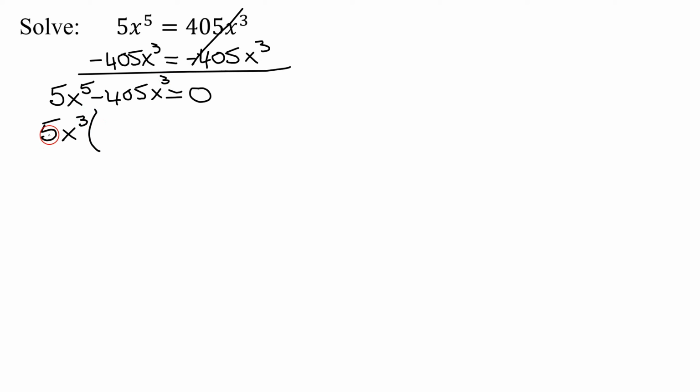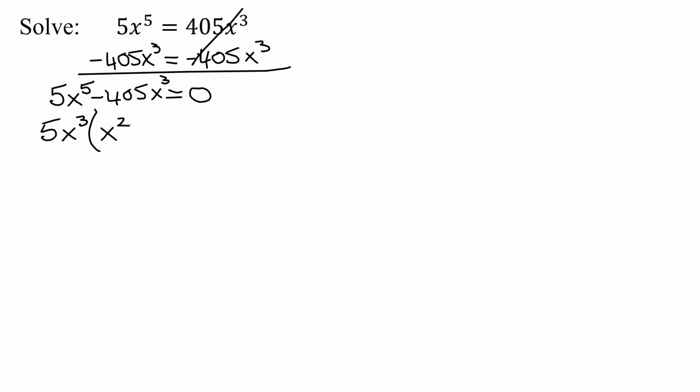So when you factor 5x cubed out of 5x to the fifth, it's going to leave x to which power? Well, remember, you subtract exponents, so it's going to be 5 minus 3 is 2.